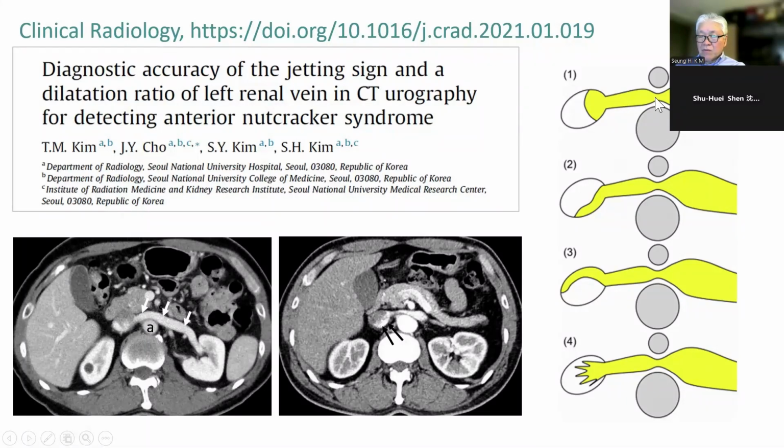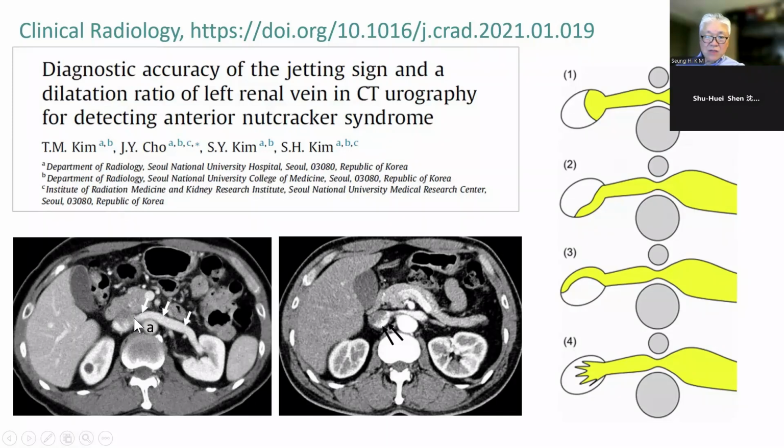the flow movement of the contrast opacified left renal vein blood into the inferior vena cava. Maybe we can categorize these into four categories. The first category is a movement of this contrast opacified left renal vein blood at the same slow speed, like this image on the left side.